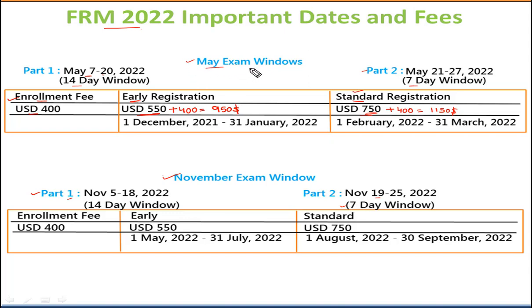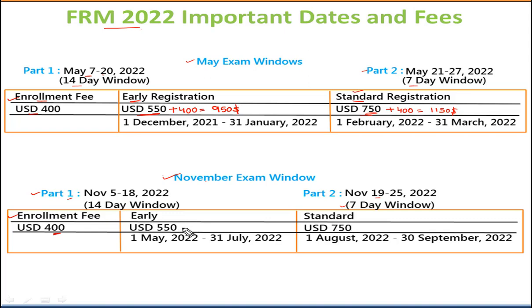So this enrollment fee is something that you pay only when you register for the very first time. You do not pay this when you register for FRM Part 2 or you're retaking the exam. Make sure that you're clear with this. The early registration would cost you $550, the standard would cost you $750.